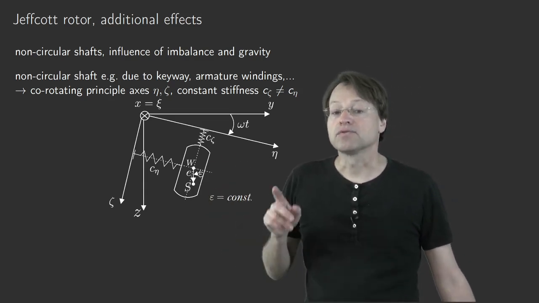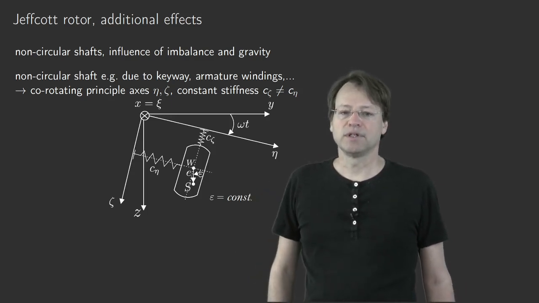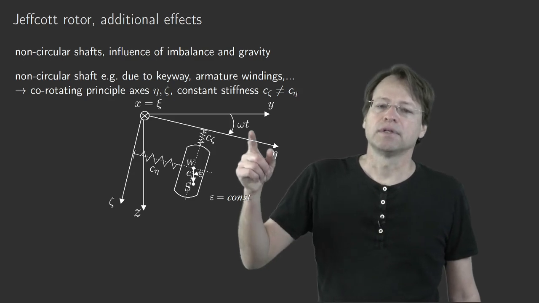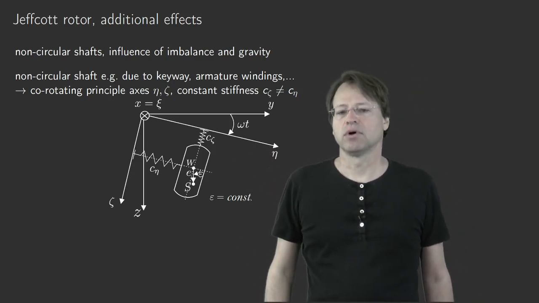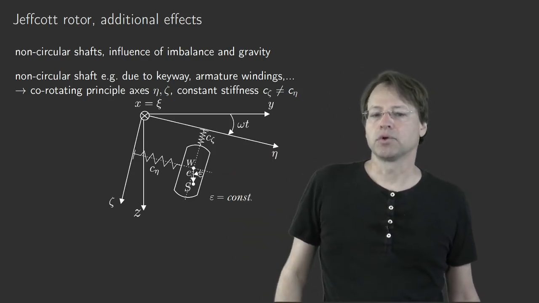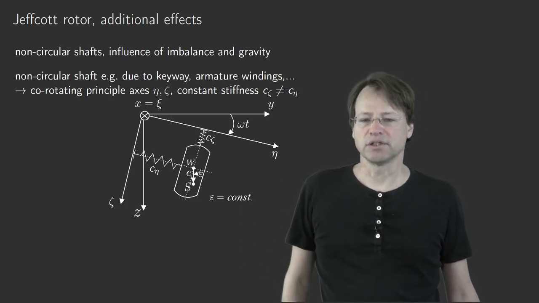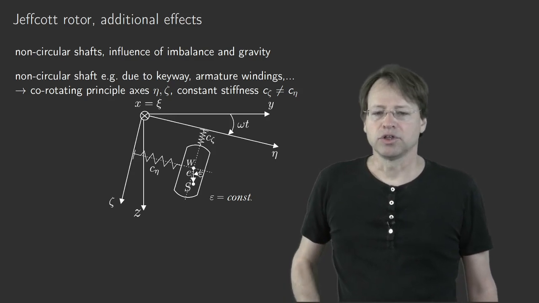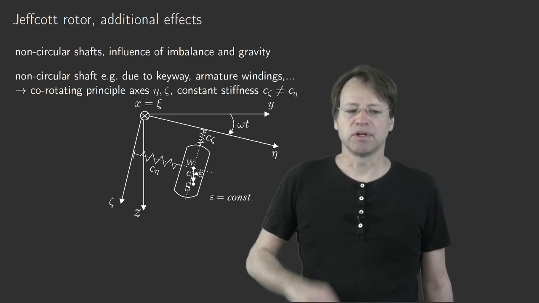To transform the equations of motion, I will use the complex notation because that's much simpler than working with sine and cosine expressions for the angle omega t, psi, that occurs here between these two coordinate systems. But let me turn first to the kinematic condition that governs that problem here.